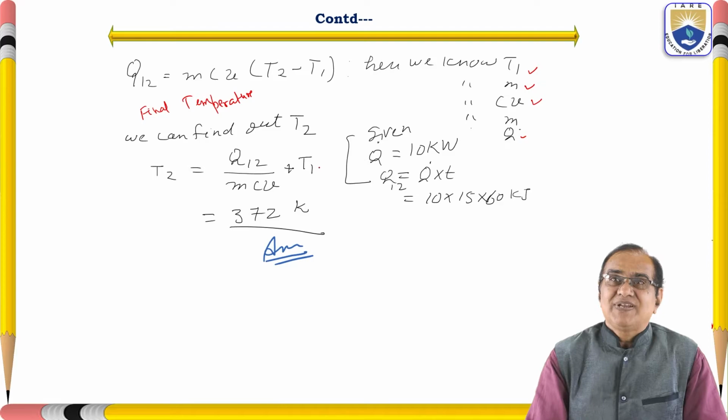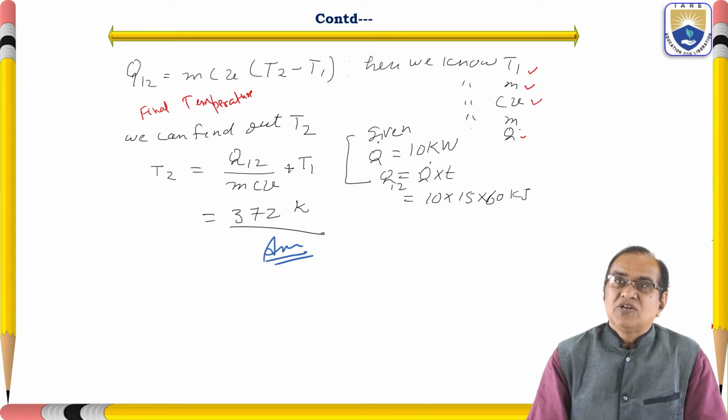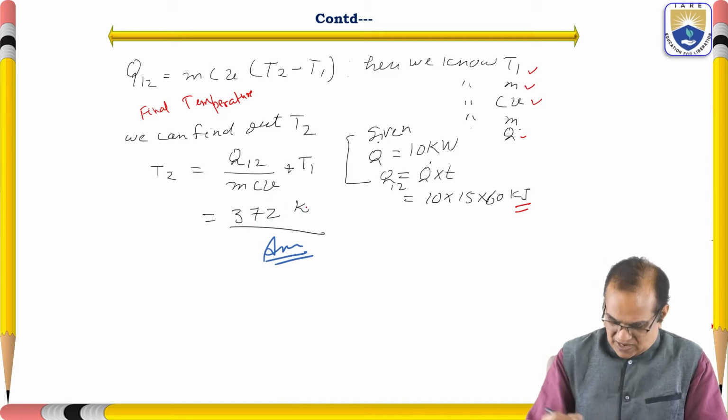T1 is given to us as 300 Kelvin. Q dot is given as 10 kilowatt. So Q is equal to Q dot into t, that is 10 into 15 minutes into 60. Mass we have got, and Cv is constant for the given system. So we got here 370 Kelvin.